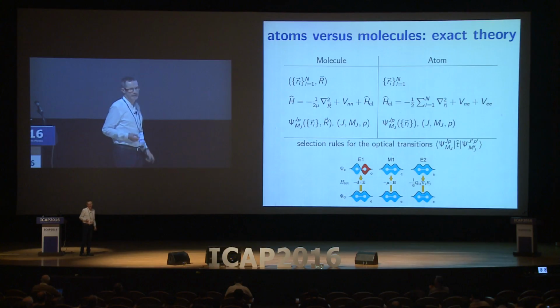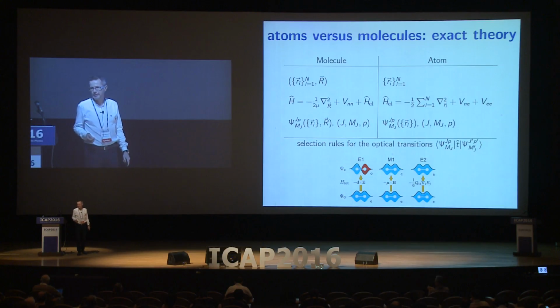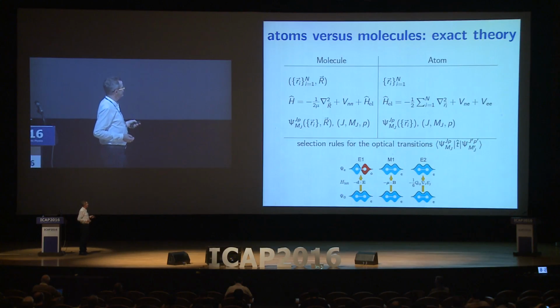Just to continue on this point, let's have a look at the difference between a molecule and an atom from the fundamental quantum mechanical point of view. It turns out that if you neglect electroweak interactions, there is no difference between an atom and a molecule.